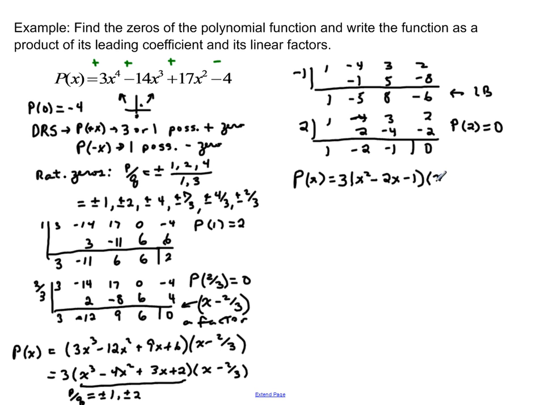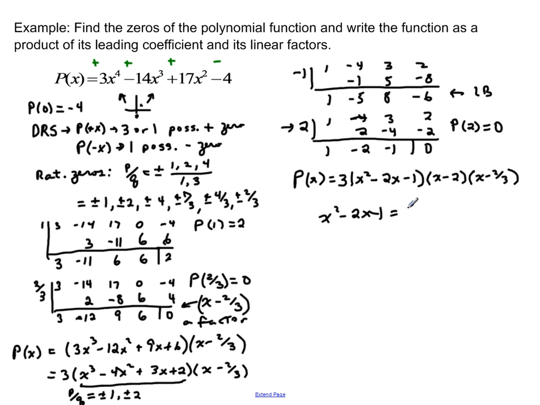We'll have x minus 2 as one of the factors from that, and we'll have x minus 2/3 from before. Can we do anything else? Well, now we would have to find zeros of x squared minus 2x minus 1.